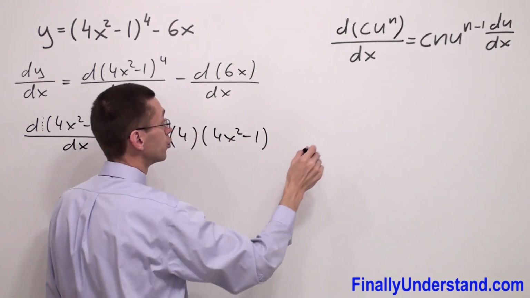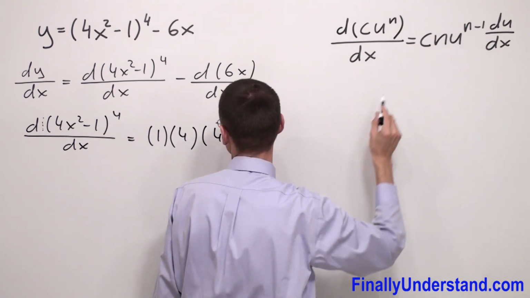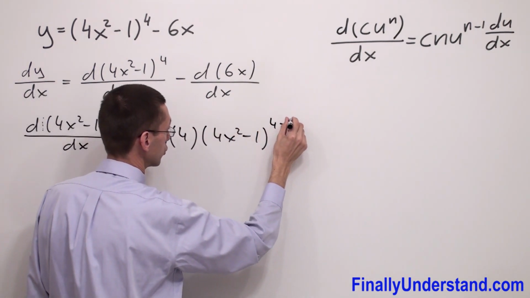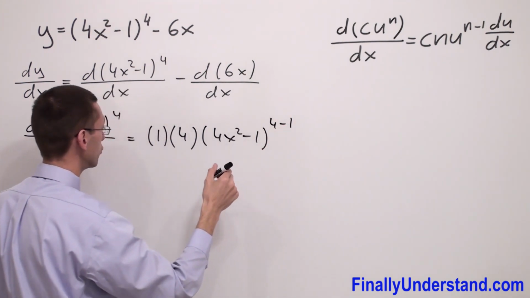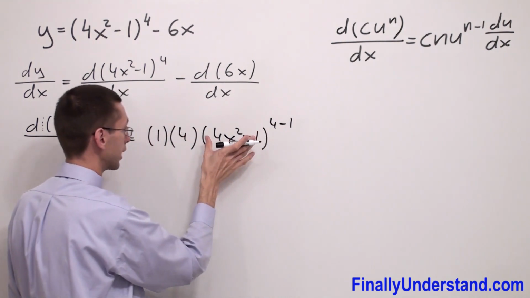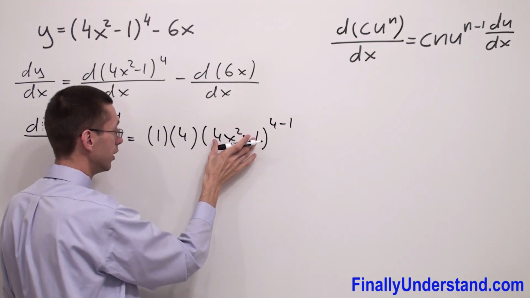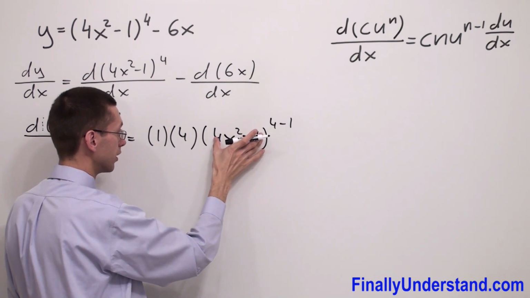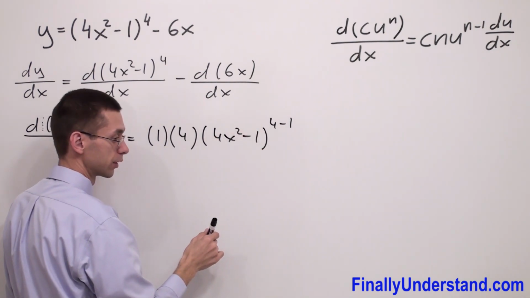And next I'm supposed to subtract 1 from the power, so I have 4 minus 1. And I'm supposed to find the derivative of the content of the parenthesis, okay? So I have to find the derivative of the internal function.